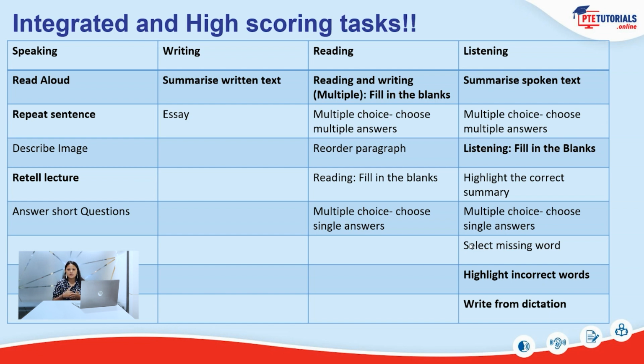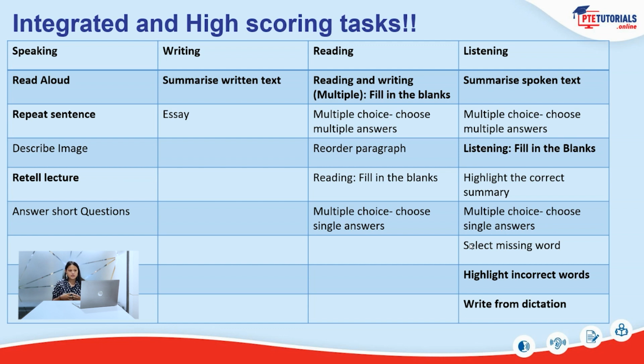But Highlight Correct Summary is an integrated task that is not high scoring. The remaining 4 tasks, Summarize Spoken Text, Listening Fill in the Blanks, Highlight Incorrect Words, and Write from Dictation, are both high scoring and integrated tasks.